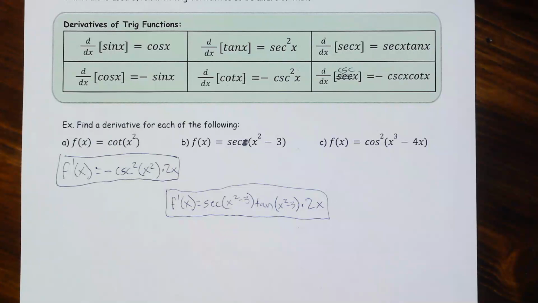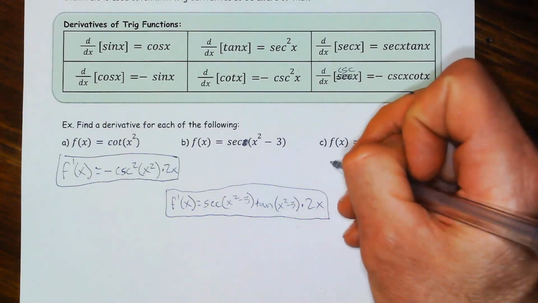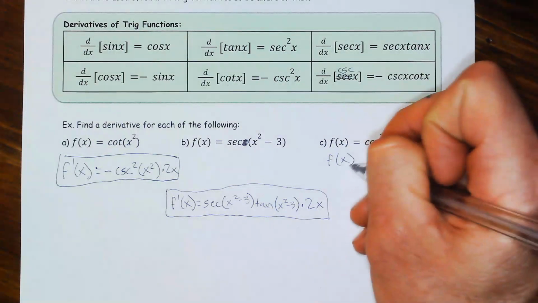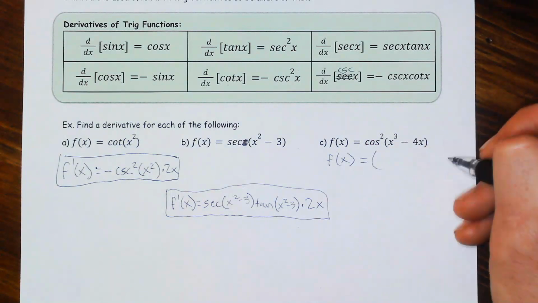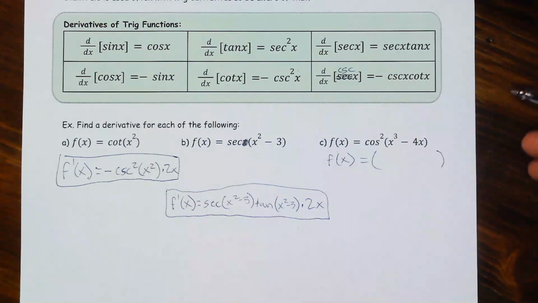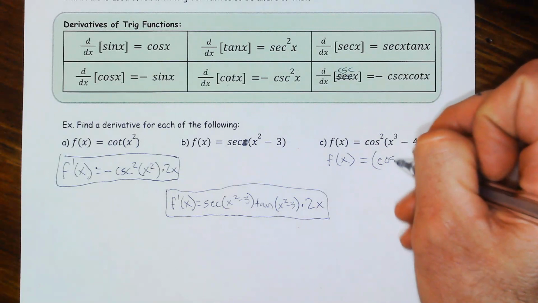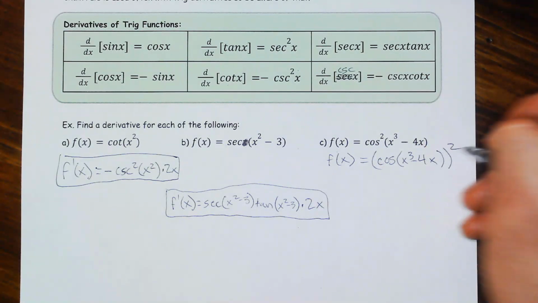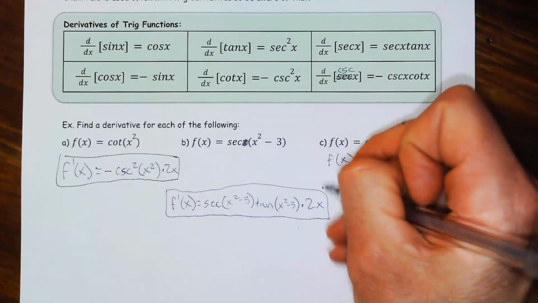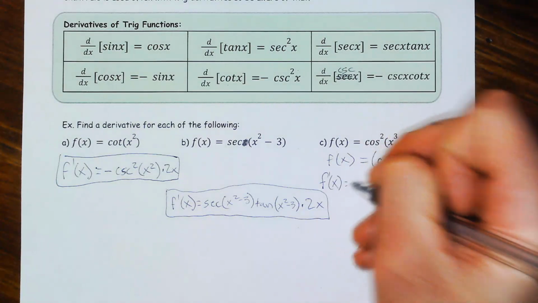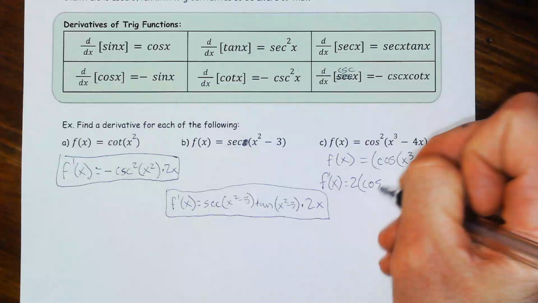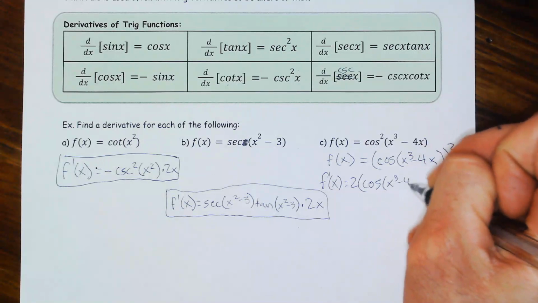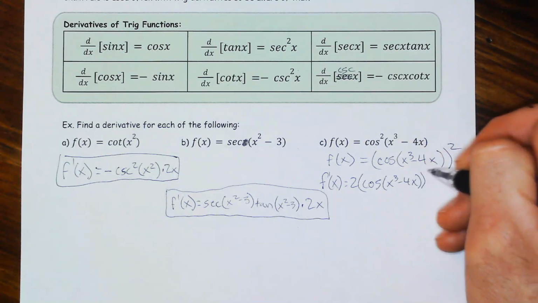Okay. And then this guy, f of x equals, this is the 3-layered chain rule problem. Cosine of x cubed minus 4x quantity squared. So I take care of the square first, meaning that f prime of x equals 2 times the cosine of x cubed minus 4x to the first power.